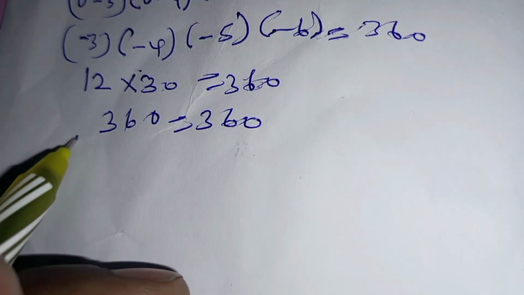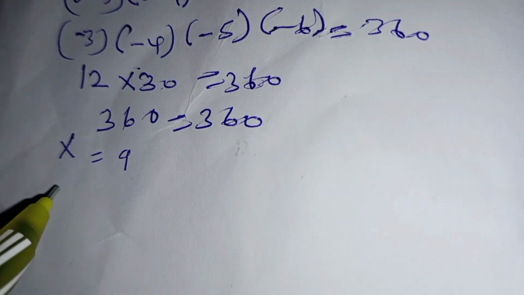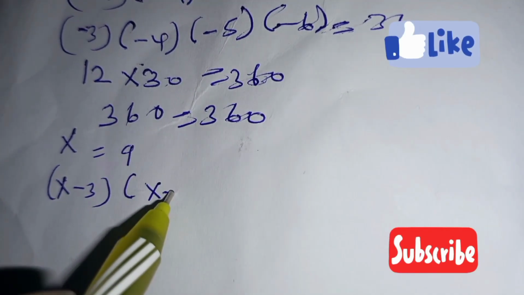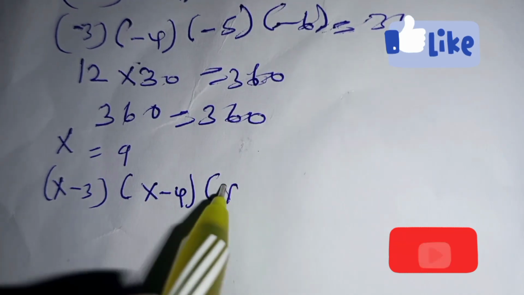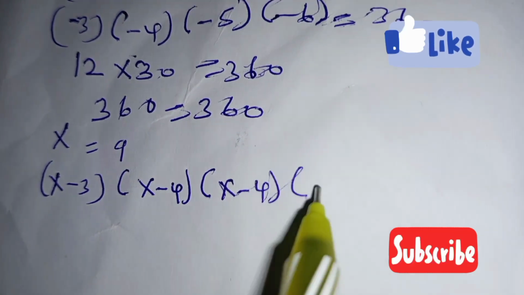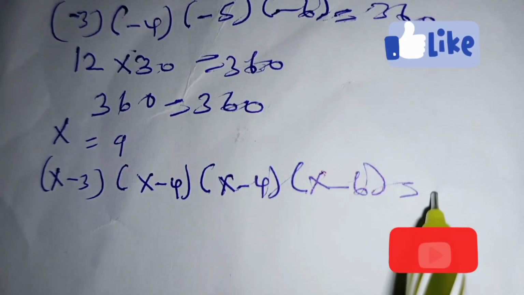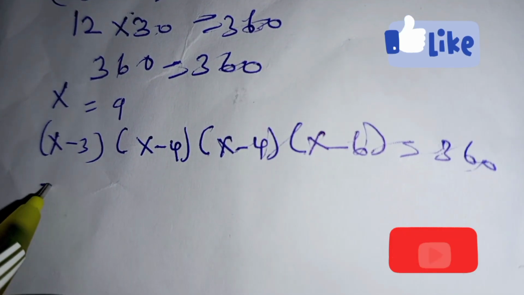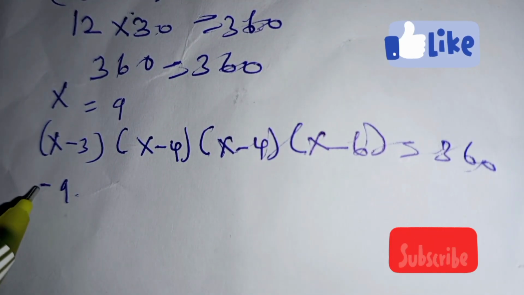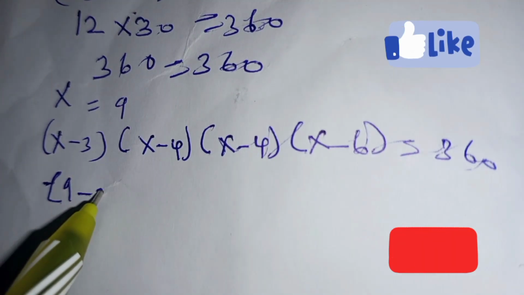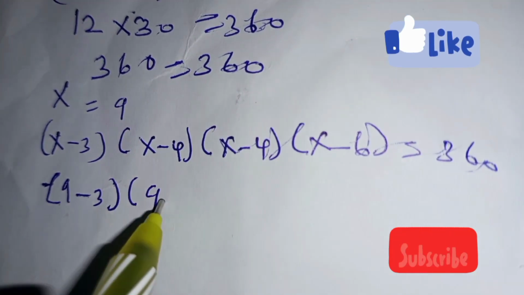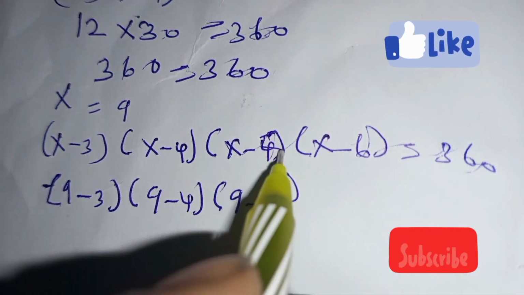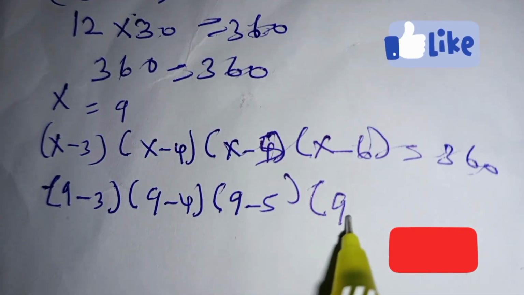Let's check the case when x is equal to 9. From x minus 3 multiplied by x minus 4 multiplied by x minus 5 multiplied by x minus 6 being equal to 360, we substitute the value of x as 9. So we shall have bracket 9 minus 3, bracket 9 minus 4, bracket 9 minus 5, and finally 9 minus 6.